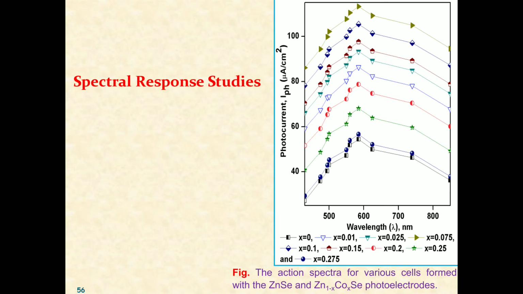Again, the short circuit current ISC was measured as a function of the incident wavelength, 400 nanometer to 900 nanometer, to study the spectral response. The ZnCoSe material is spectrally less sensitive within the range of wavelength studied.